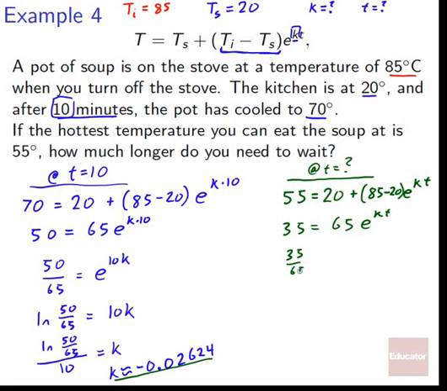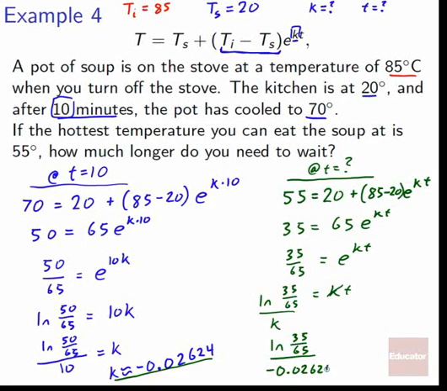35 over 65. We can take the natural log of both sides in just a moment to get rid of that e. So we've got natural log of 35 over 65 equals kt. Divide by k on both sides. We can now plug that in, and we've got natural log of 35 over 65 divided by negative 0.02624. That's equal to our time, and that winds up coming out to be approximately 23.6.